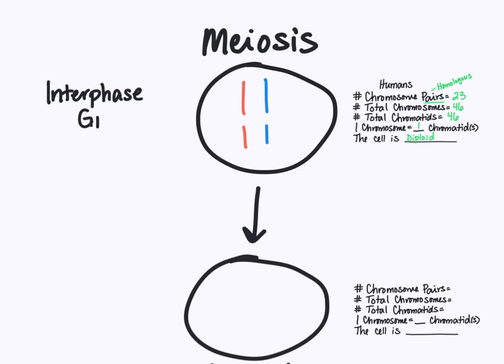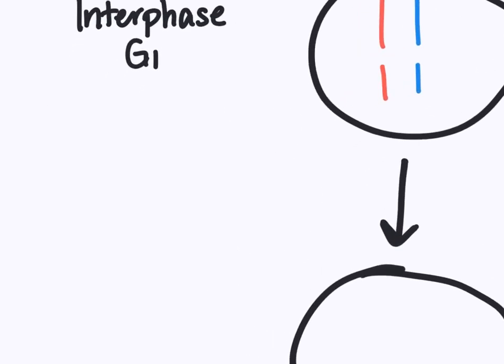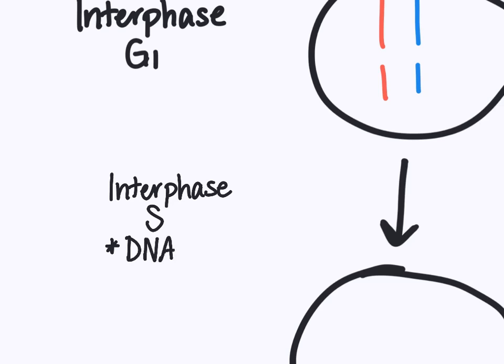So now let's take a look at what's happening during this arrow. Just like mitosis, we have the S phase of interphase. And remember that the key event that's happening during the S phase of interphase is DNA replication.